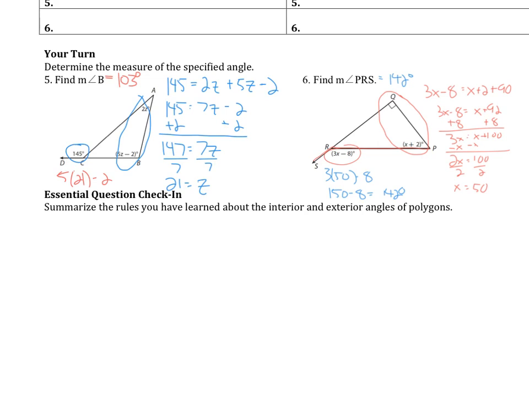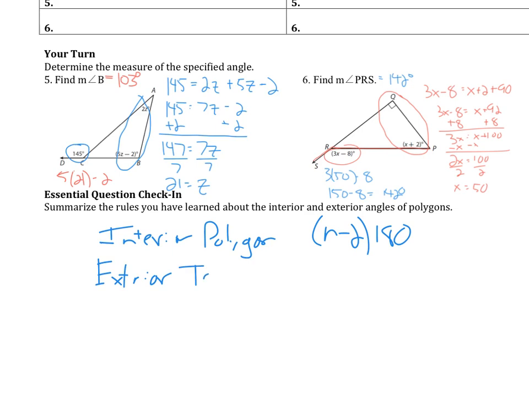So for the interior angle sum of a polygon, remember we have n minus 2 times 180. For the exterior angle of a triangle, what do we do?